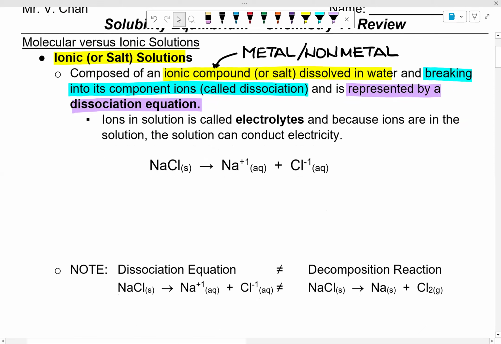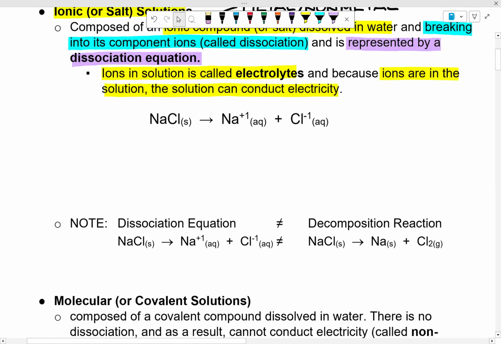One thing you should be aware of is that the ions in solution are called electrolytes. Because there are ions in the solution, it can conduct electricity. When you drink Gatorade, why do they say it replenishes your electrolytes? Basically it is replenishing the ions that you lose via sweating.